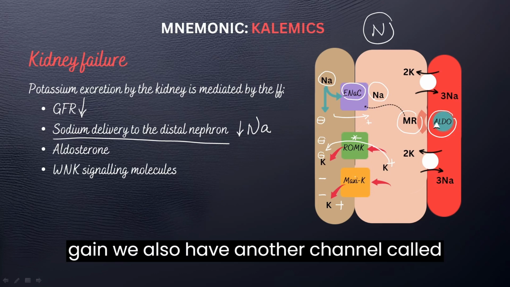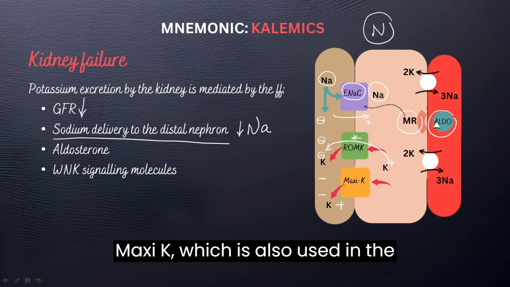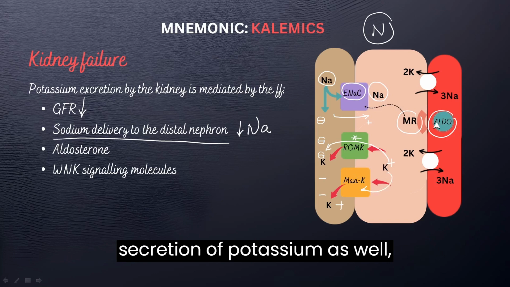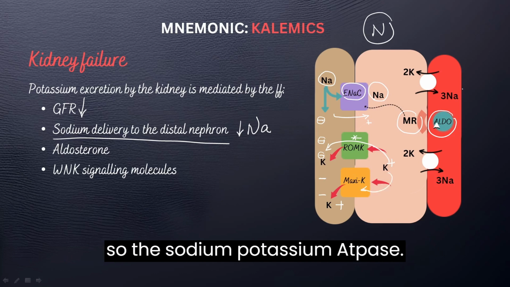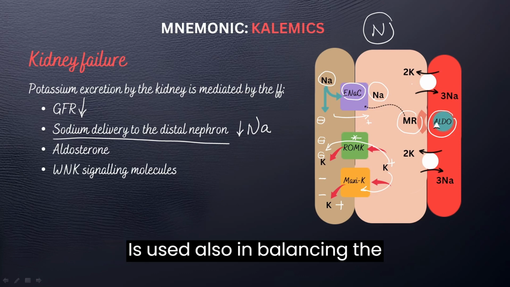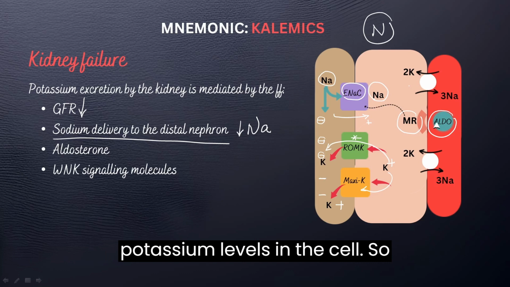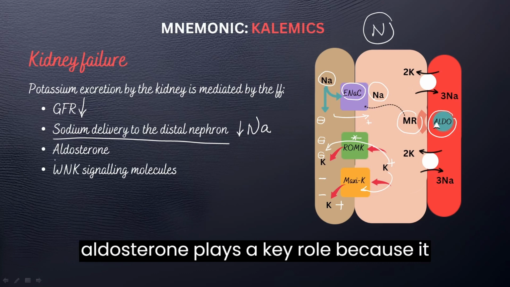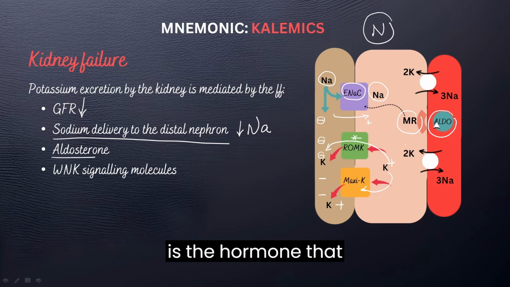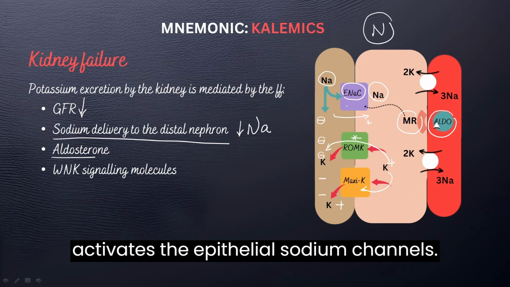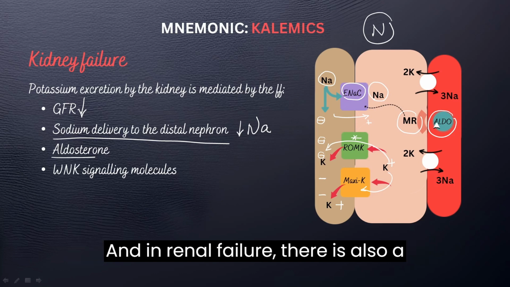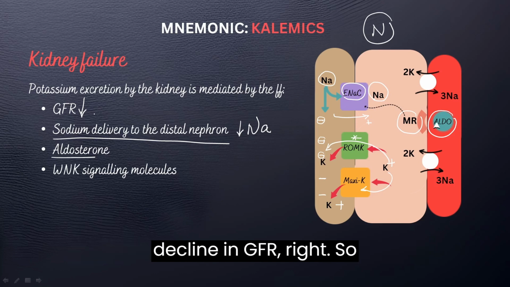Again, we also have another channel called MaxiK, which is also used in the secretion of potassium as well. So the sodium potassium ATPase is also used in balancing the potassium levels in the cell. This is very important because aldosterone plays a key role, as it is the hormone that activates the epithelial sodium channels, and in renal failure there is also a decline in GFR.